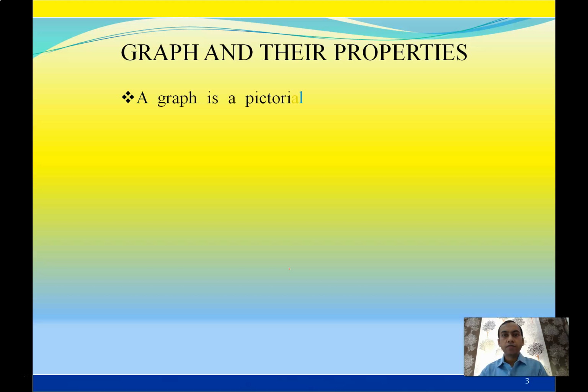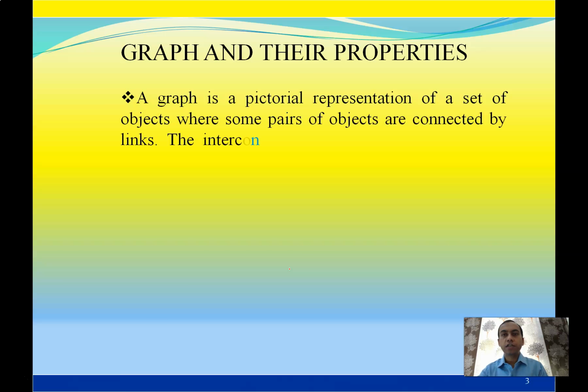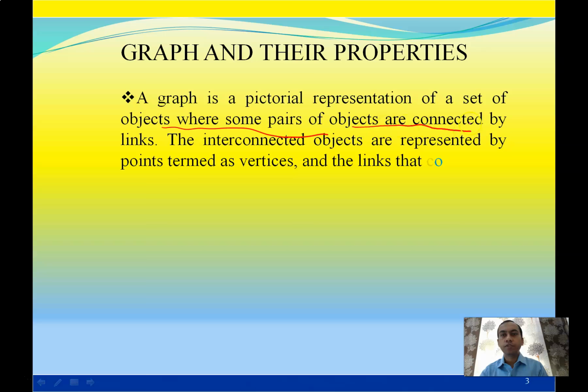In graphs and their properties, a graph is a pictorial representation of a set of objects where some pairs of objects are connected by links. Suppose we have two objects A and B and we make one link to connect them, then this is also called a graph.